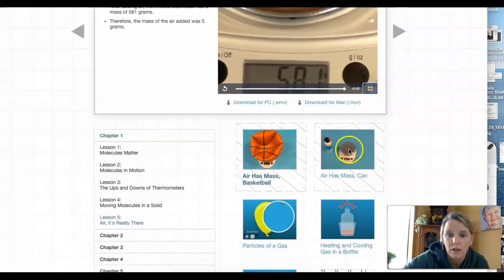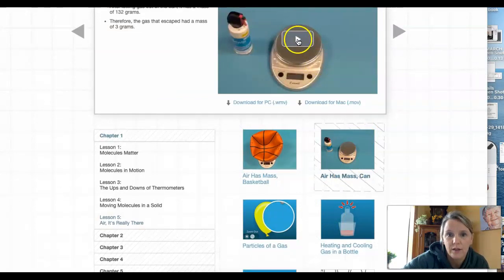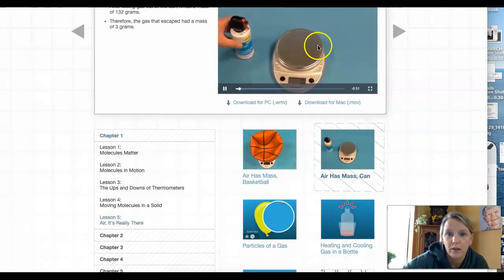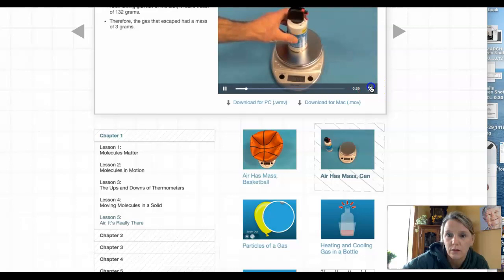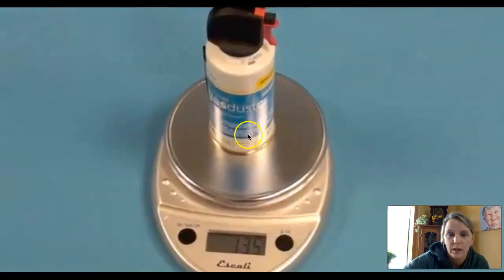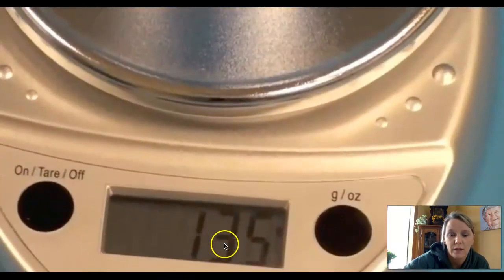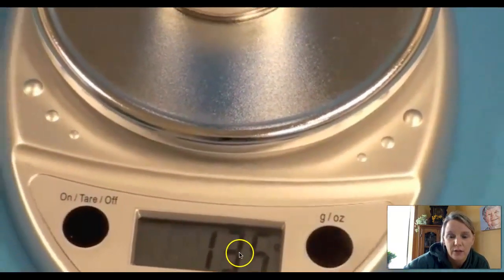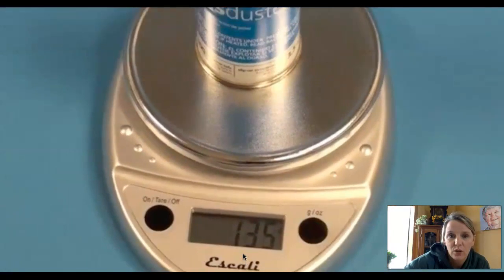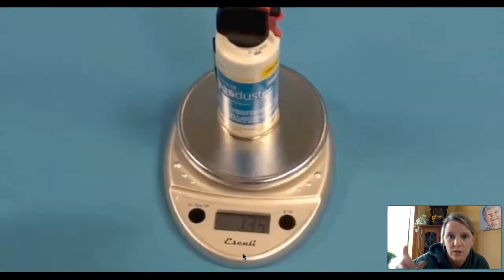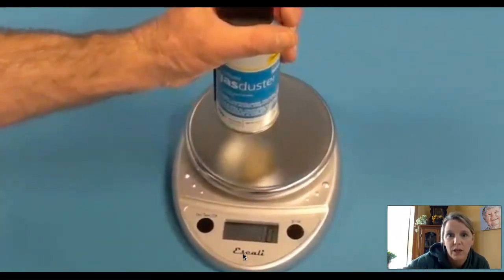Okay? Another example of this is air duster, or compressed air in a bottle for like cleaning computers, right? So we're measuring this can of air duster. It's 135 grams. And then we're going to use some of that air duster, squirt the nozzle so that some of it comes out.